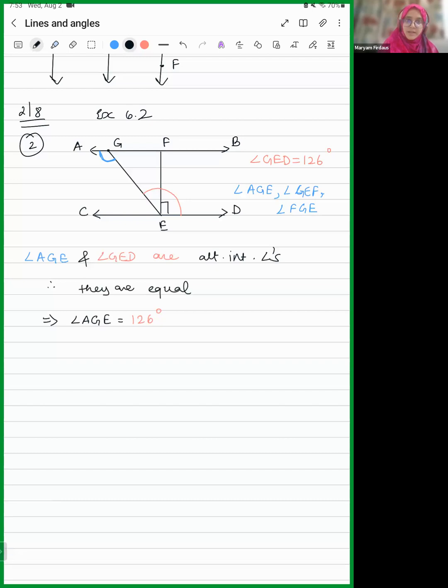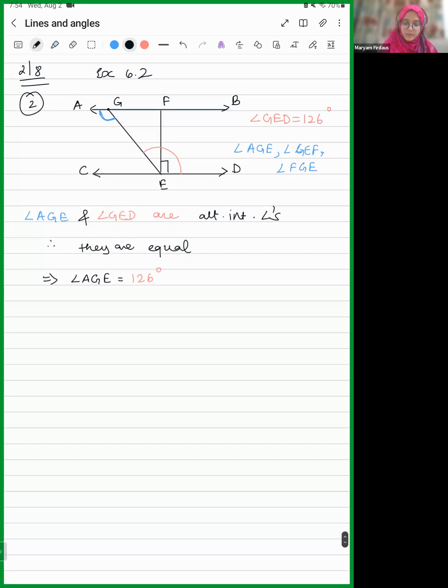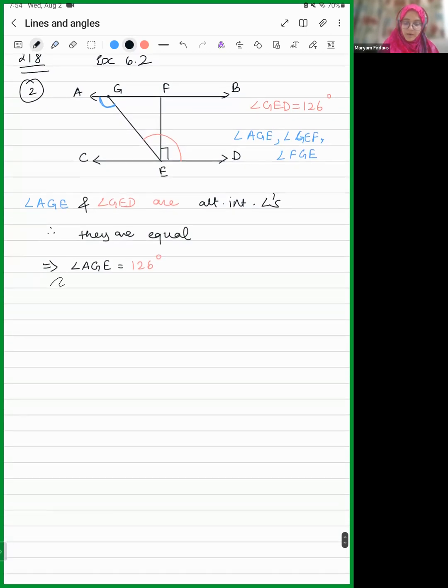Now let's move to the second part. Okay, we have to find angle GEF. Angle GEF, the purple one.